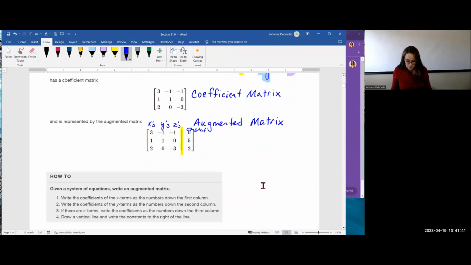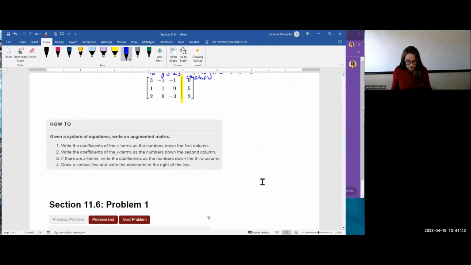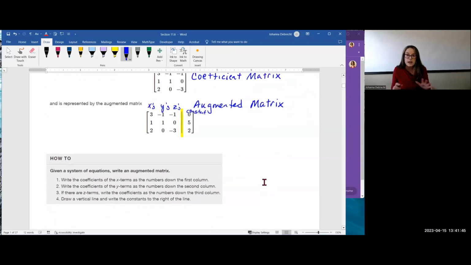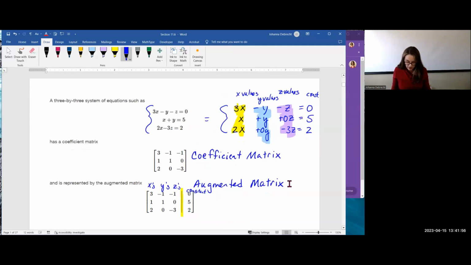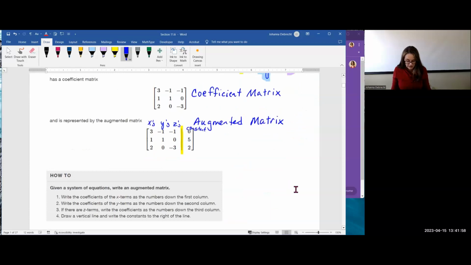Now, the next thing we want to do is just identify the augmented matrix and get comfortable going from the system of equations here into the augmented matrix. Okay, so here are the guidelines for, given a system of equations, how to write the augmented matrix.